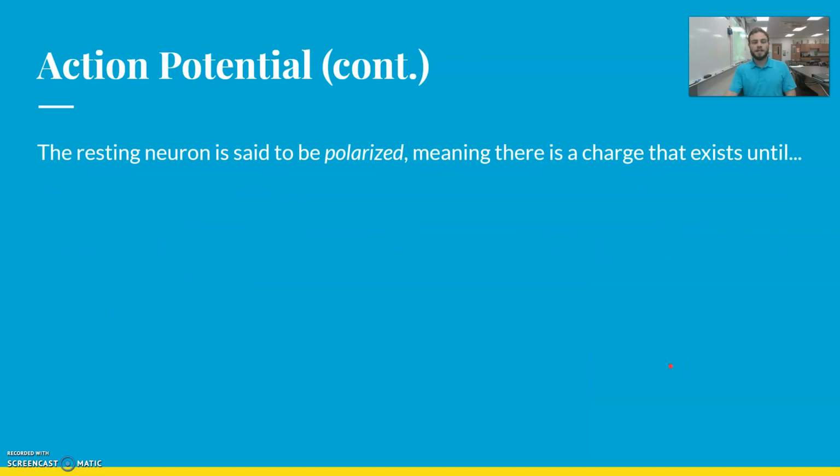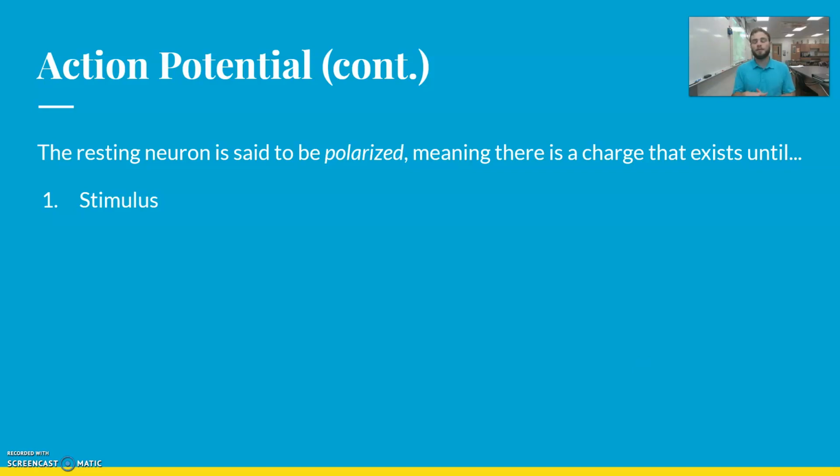So the resting neuron is said to be polarized, meaning that it has a charge. So we saw that resting potential is around negative 70 millivolts. That neuron is polarized until you have some sort of stimulus. Now these stimuli can come in all sorts of different shapes and sizes, depending on the type of neuron that we're dealing with.